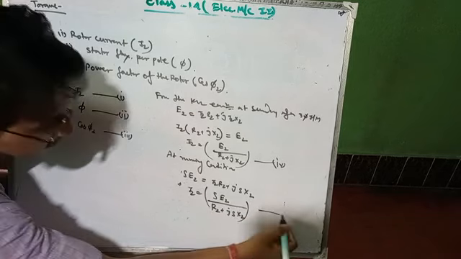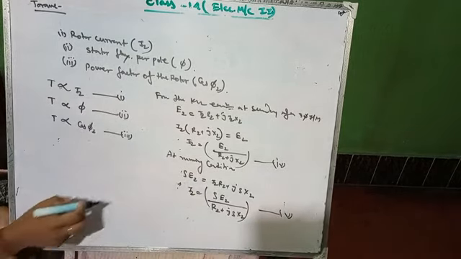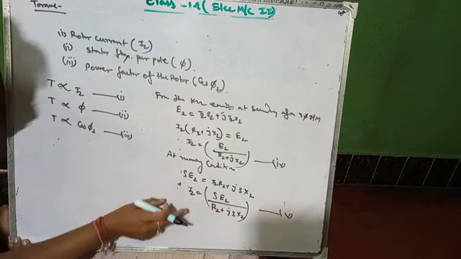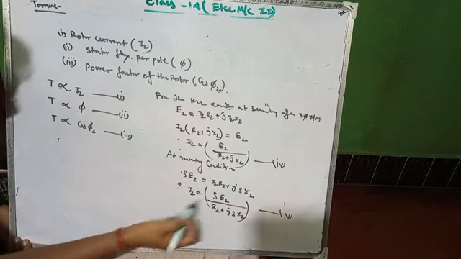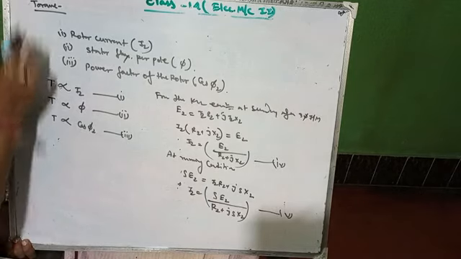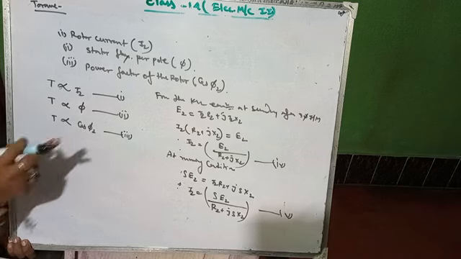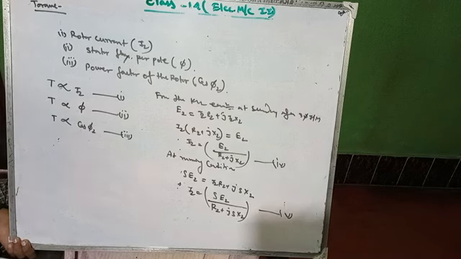Make it equation number 5. From equations 4 and 5 you can take either one, but I prefer equation 5 because it has slip. You have to take equation 5 instead of equation 4, which is very important.